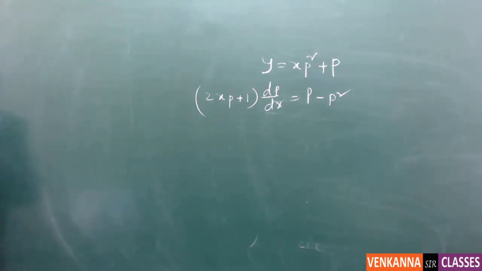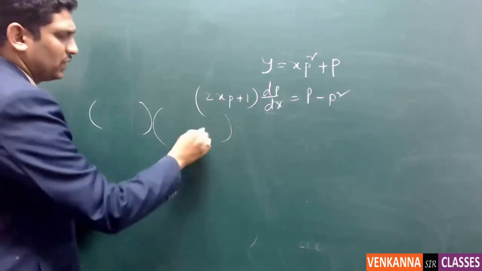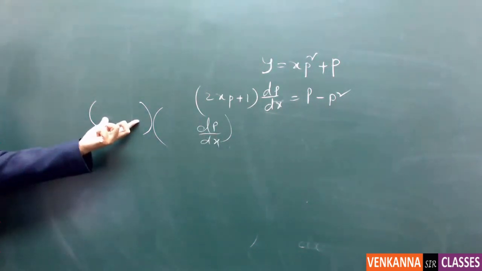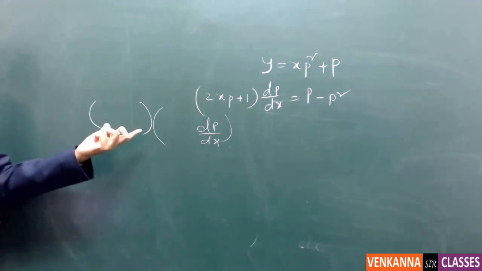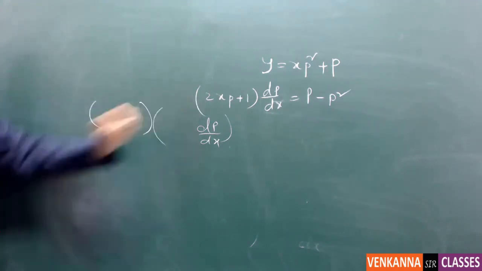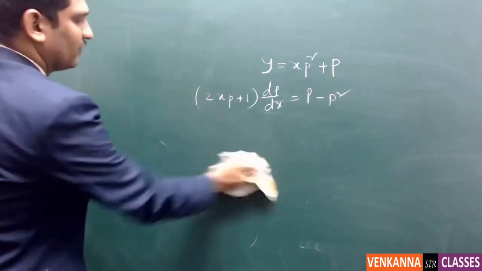No. In other words, drawing factors means it should contain the term differential dp by dx, and this won't contain the term differential dp by dx. Is that possible for this relation? No. So we are going to take the other way around.